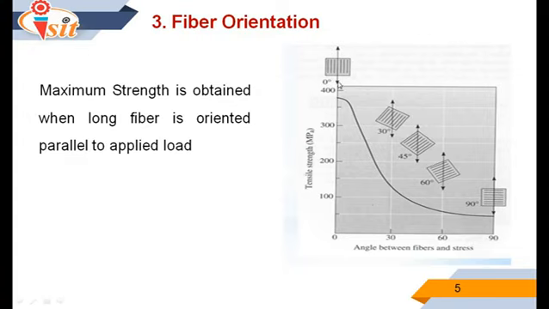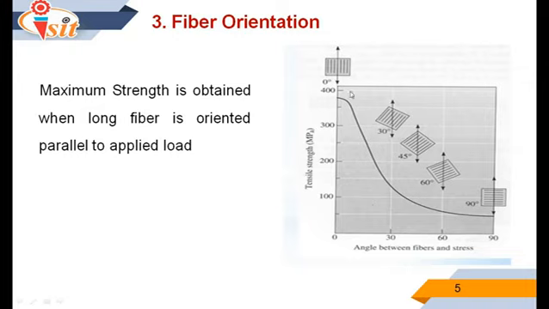Here the fibers are wound at 0-degree inclination, and here the fibers are wound at 90-degree inclination. These are the points concerning the strength of the fibers.